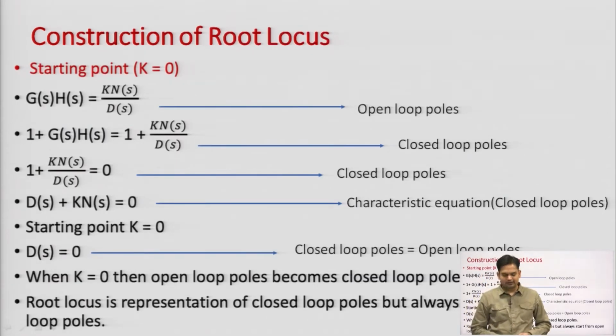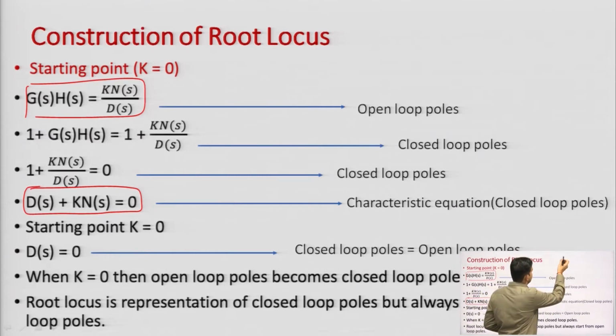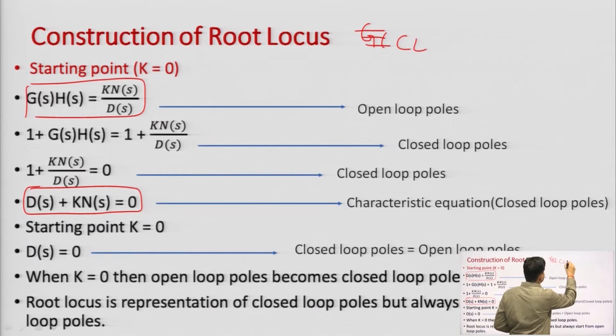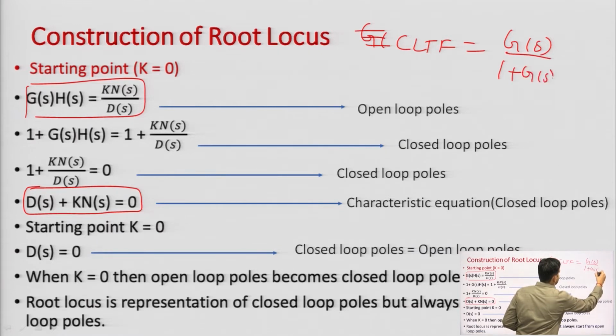Okay. So, in the construction of root locus, in the last session we discussed that this is my G(s) transfer function, and we were observing the closed loop poles, because when we write the closed loop transfer function, it is given as CLTF equal to G(s) over 1 plus G(s)H(s), right.